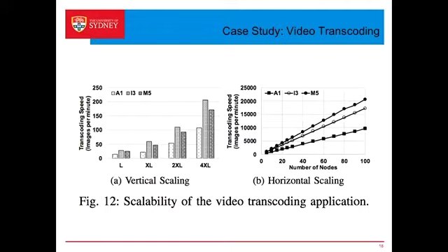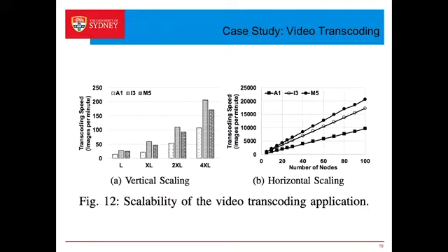As shown in the figure on the left-hand side, the transcoding speed increases when the EC2 instance becomes bigger. There is roughly a linear relationship between the transcoding speed and the number of vCPU cores. For the same instance type, the A1 product family has the slowest transcoding speed, while the I3 product family has the fastest transcoding speed.